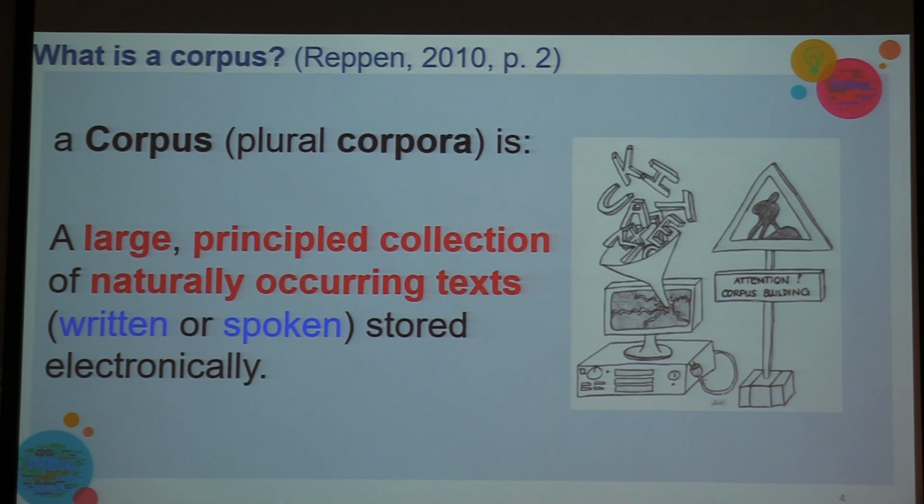For example, we write business letters for real communication purposes. We write news texts so that the audience can read news. So these texts are written for a real, authentic communicative purpose. So we collect all these sorts of language and store them electronically in our computer.